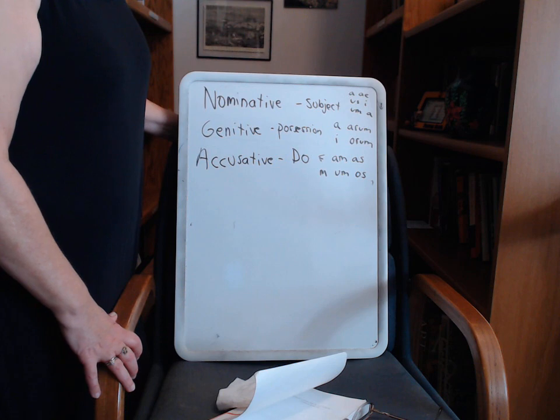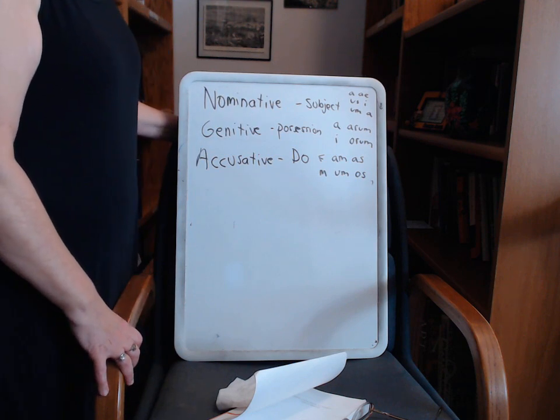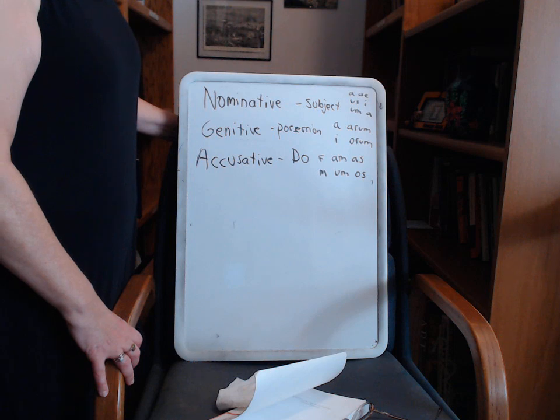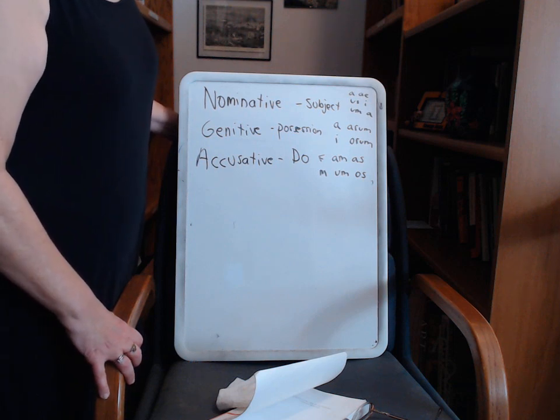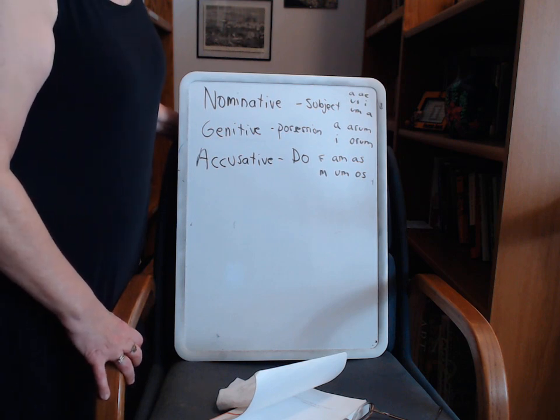He saw the islands. What did he see? Islands, insulas. He saw the boy, puerum. He saw the boys, pueros.